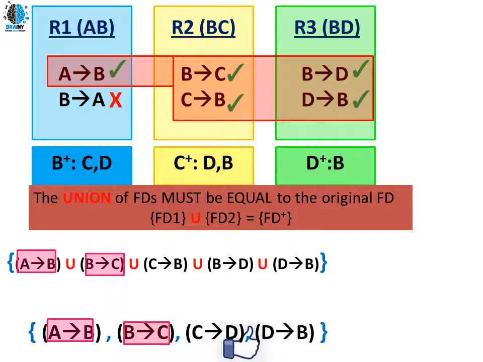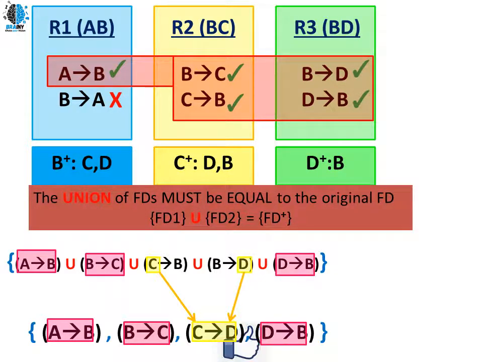Next, we have C goes to B, and B goes to D. C goes to D is present in the form of transitive dependency in our decomposed tables.